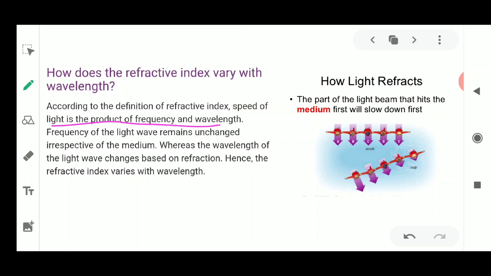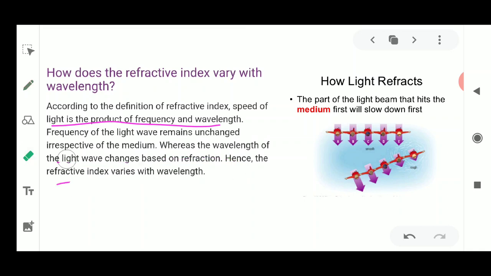In 1 second, how many times the wave is coming, means this light is moving from that particular place, that is its frequency, and till where it is moving, that is its wavelength. The frequency of light will remain unchanged irrespective of the medium, whereas the wavelength of the light is going to change because it is based upon the refraction. So that is why the refractive index also varies with the wavelength.